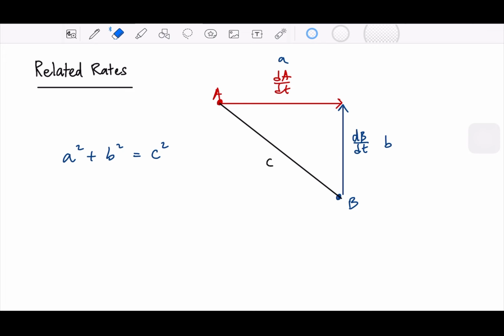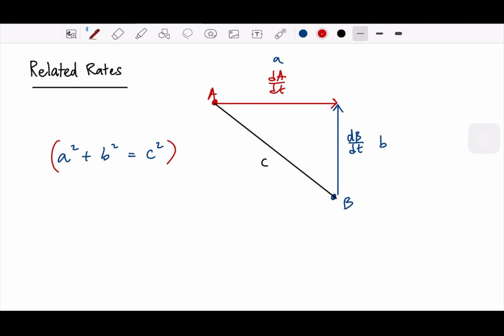And all is respecting to the rate of change with time, right? With time. So the variable that changes is time. So we could take derivatives with respect to t. And simply we are going to implicitly differentiate.